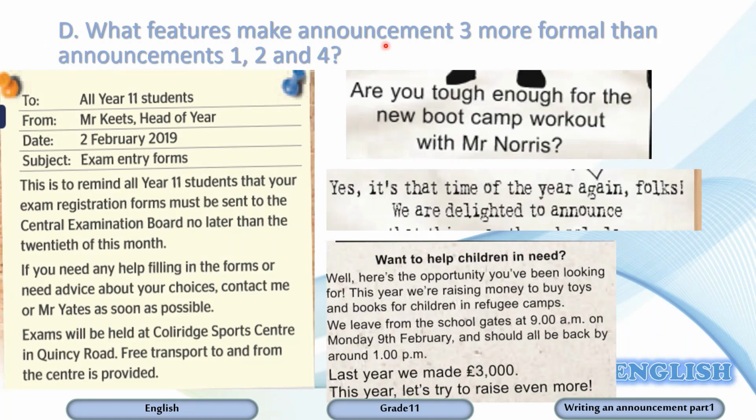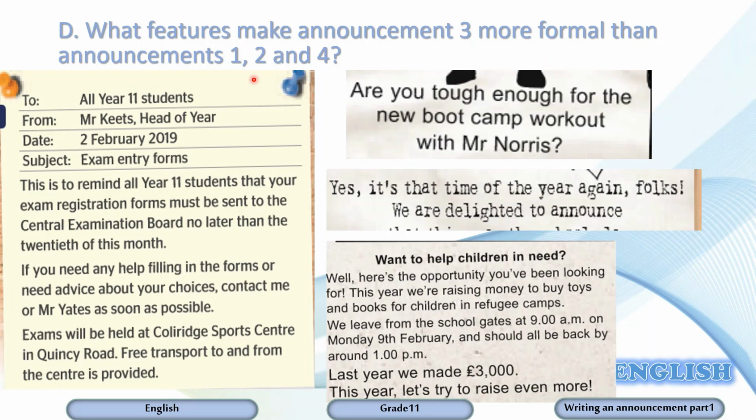What features make announcement 3 more formal than announcements 1, 2, and 4? So this is the announcement or memorandum number 3, and it is more formal than 1, 2, and 4. These extracts are taken from these announcements.